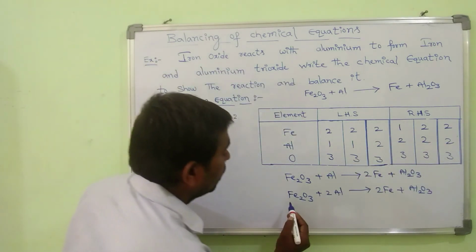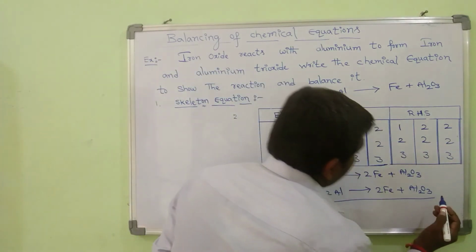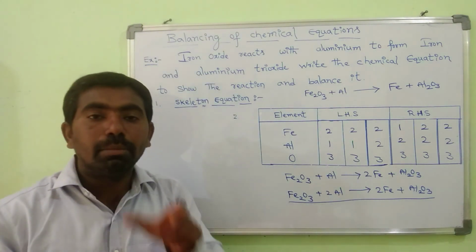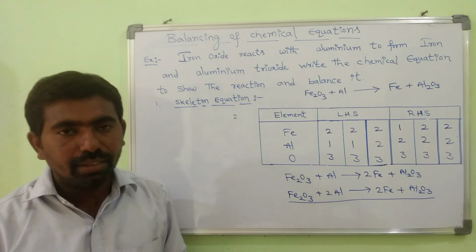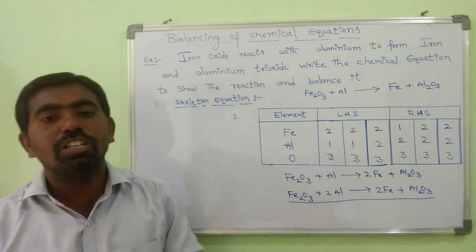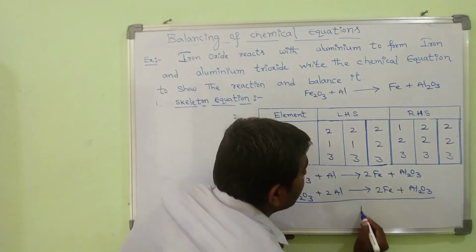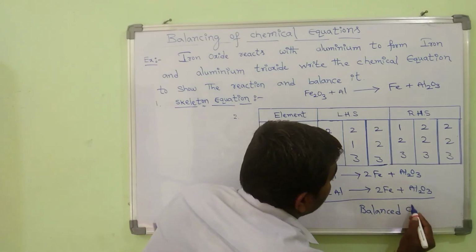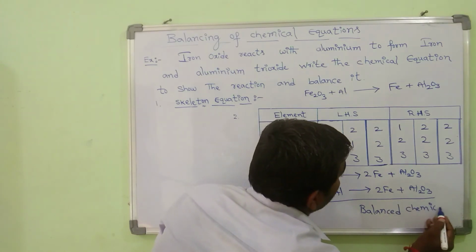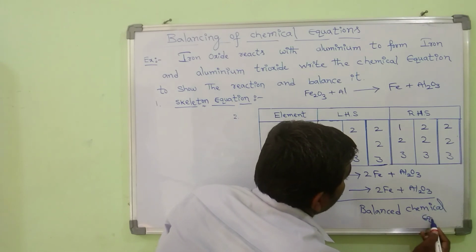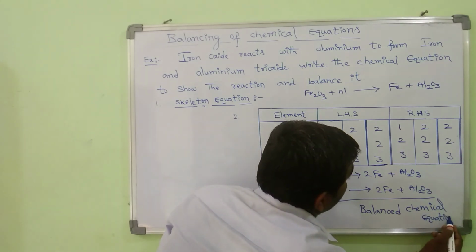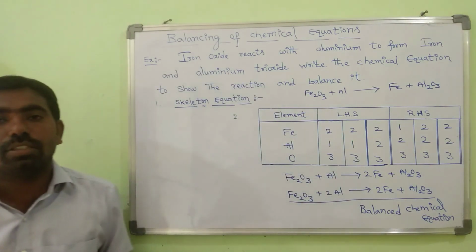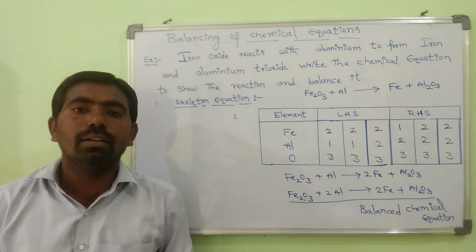That means all the atoms of each and every element are equal in both of the sides. That's why this kind of chemical equation is known as a balanced chemical equation.